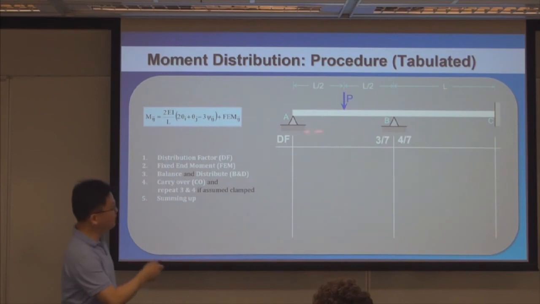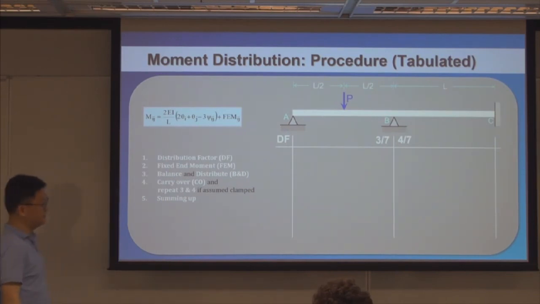Right? If they are not the same, then you have different distributions. Okay, what is the first step? The first step is trying to convert the loading to the joint. So the very first step is calculating fixed end moment.